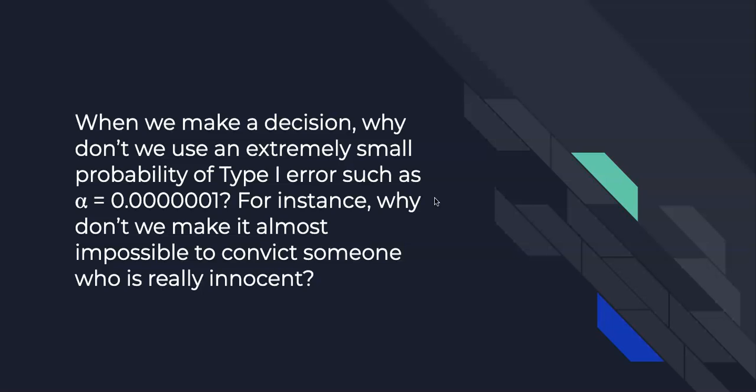Say that your standard is a very high expectation for strong evidence, right? Why don't we make it almost impossible to convict someone who is really innocent? That sounds like a good idea, don't you think? If somebody's innocent, we better make it very, very impossible to convict that person.